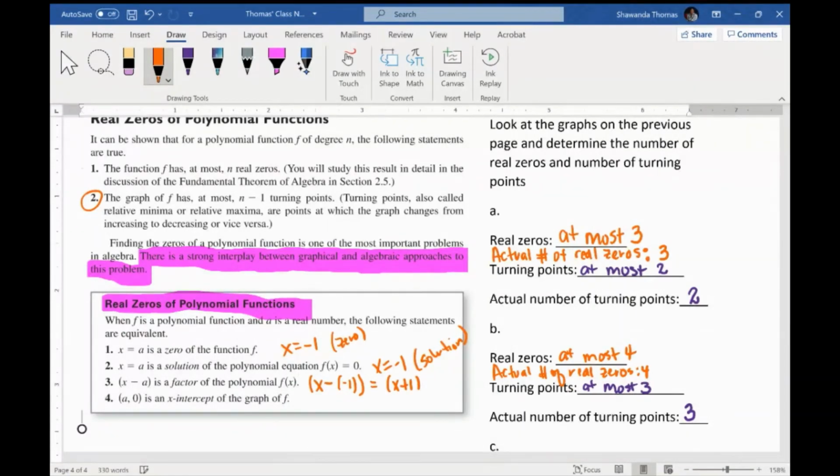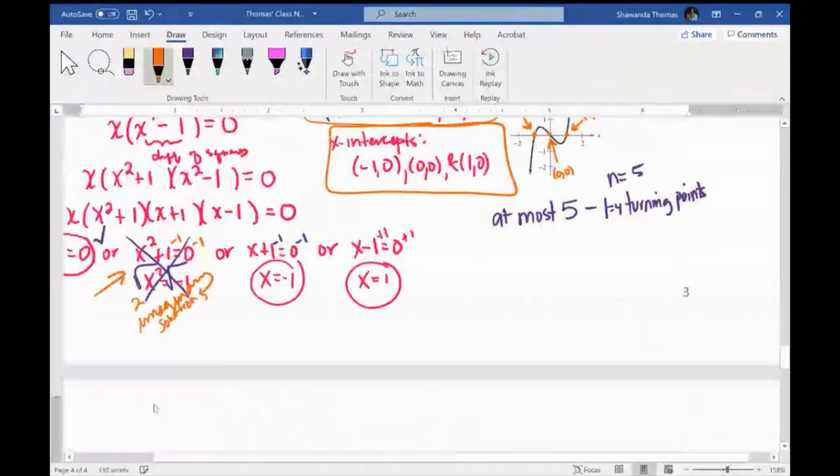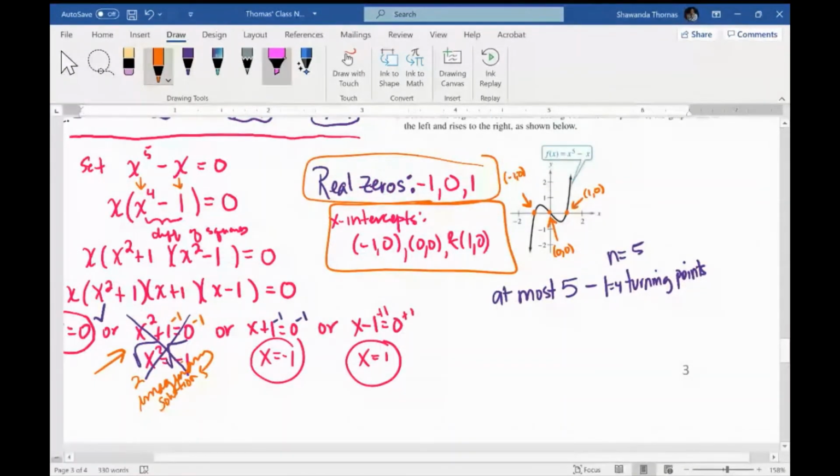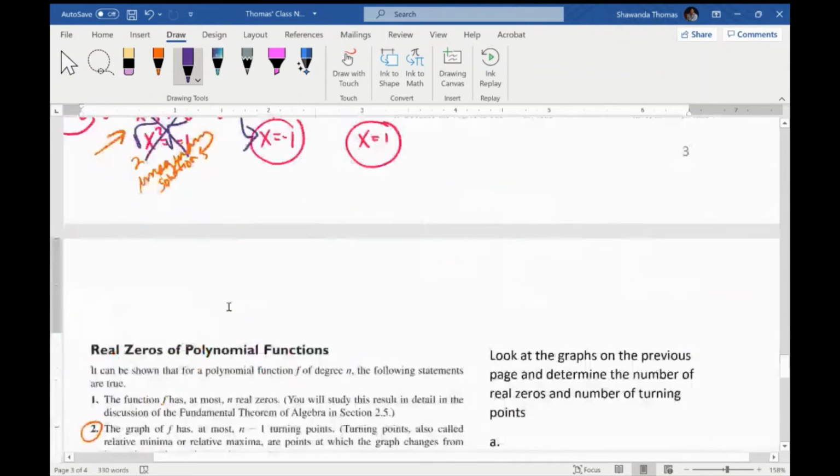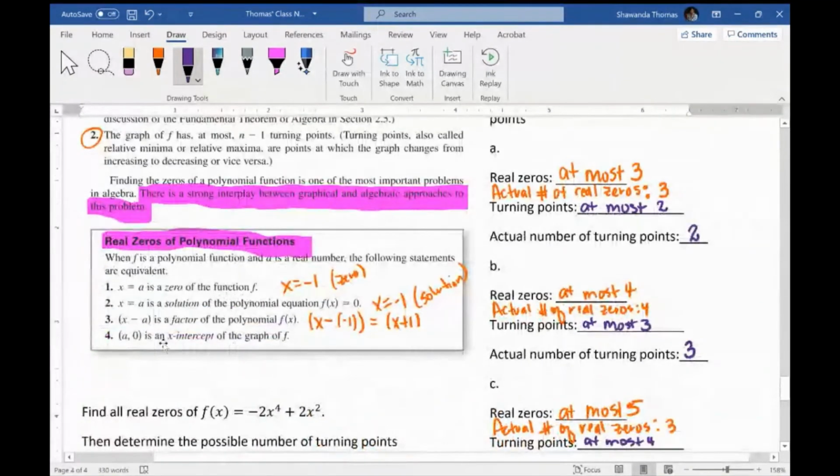All right. Let me show you what I mean. We start off with x plus 1, which gave us x equals -1. All of this is related to each other. Also, number 4, (a, 0) is an x-intercept. Didn't we change that to (-1, 0) as the x-intercept?